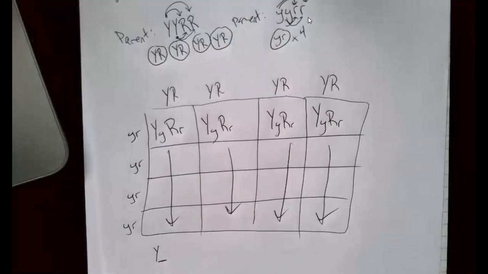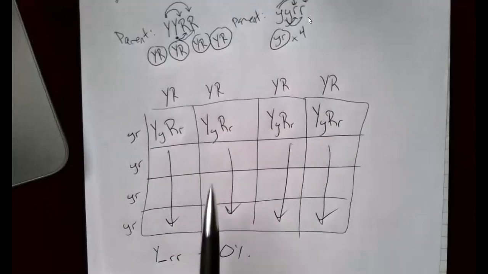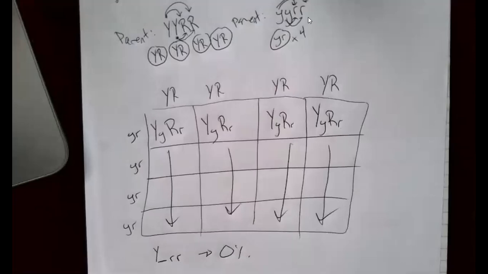And in order to be wrinkled, you would have to be little r, little r, because in order to get a recessive trait, you need both recessive alleles. So what are the chances of a yellow wrinkly seed? 0%. None of these are going to be wrinkly seeds.